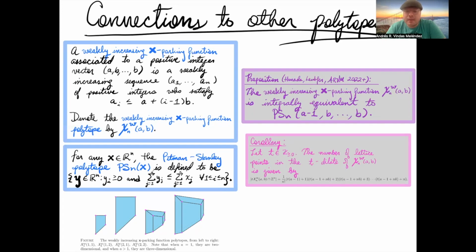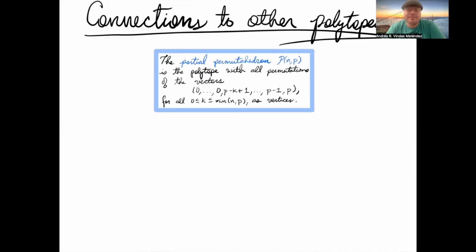And because the Pitman-Stanley polytope is very well studied, we are able to obtain a corollary that tells us the number of lattice points in the t-th dilate of this weakly increasing X parking function polytope, which is given by this formula. Now there's another polytope that has been getting attention recently, which is known as the partial permutahedron.